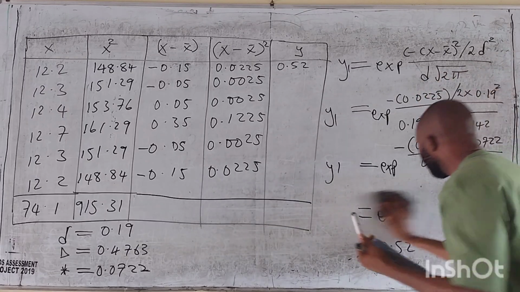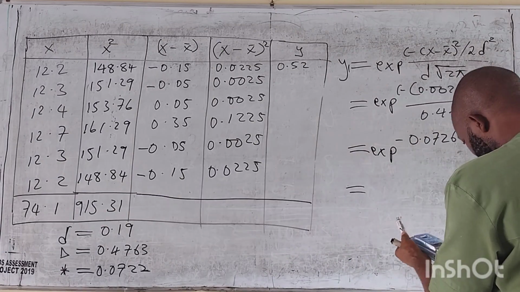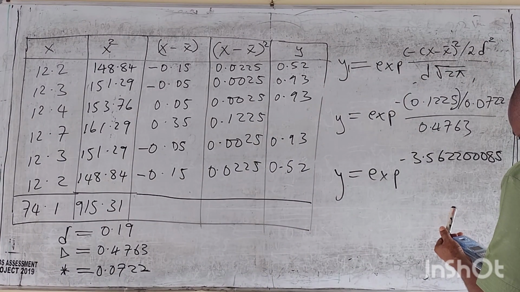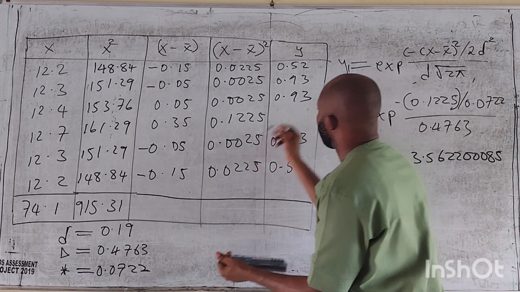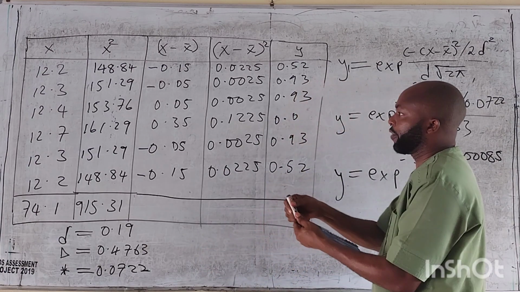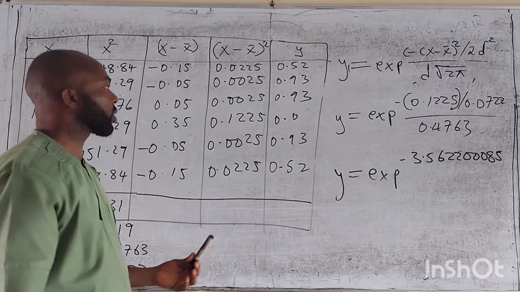Move further. 0.02, that's down, 0.0. So this value is an outlier.